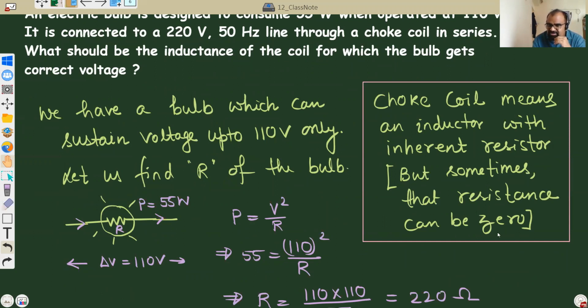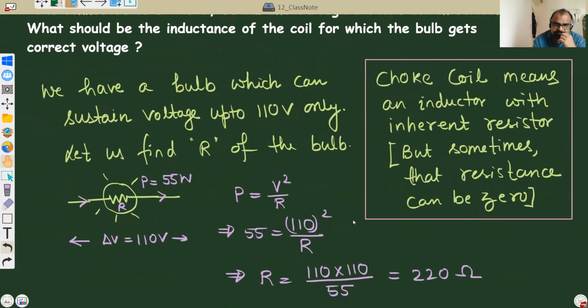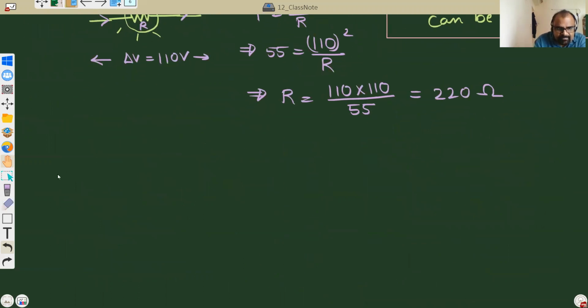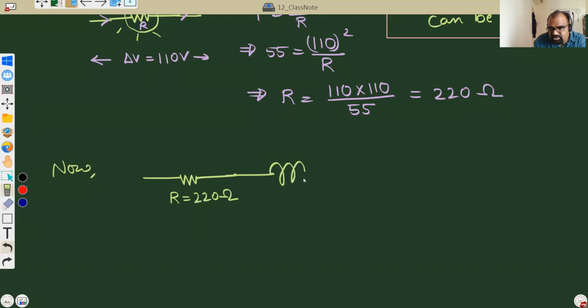Sometimes the resistance of an inductor can be taken to be 0. So what should be the inductor? Now that bulb is there, whose resistance we have just now calculated, 220 ohm. It is to be connected to the choke coil along with a 220 volt AC source.